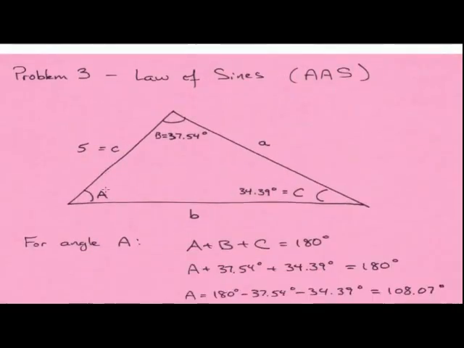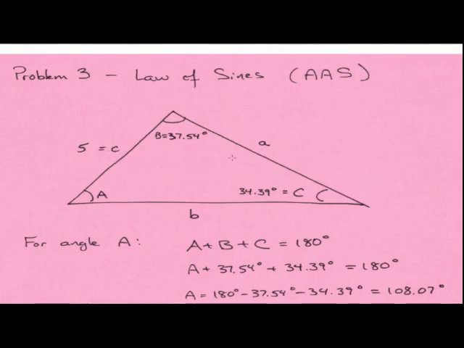Let's look at the second case that we can run into with the law of sines, which is the angle, angle, side situation. For this situation, we're told that angle B is 37.54 degrees, angle C is 34.39 degrees, and side C is 5.